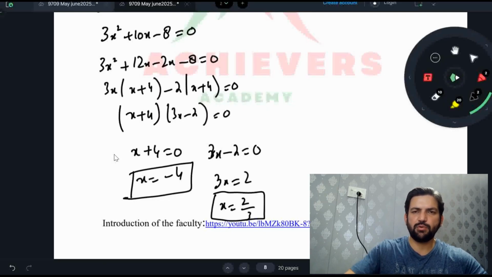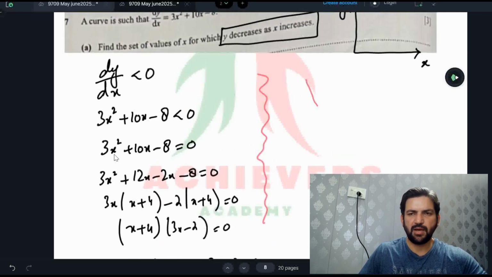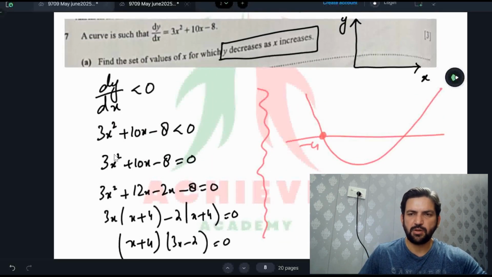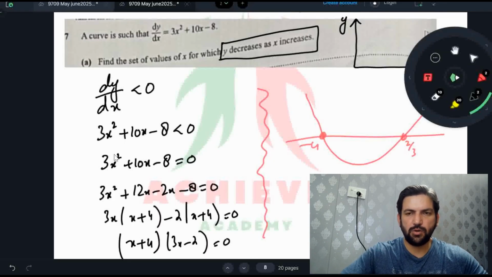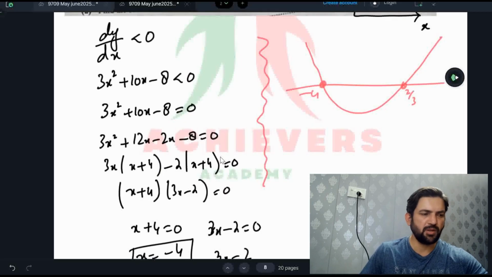For critical values, we have to use this approach. This one is minus 4 and this one is 2 by 3.